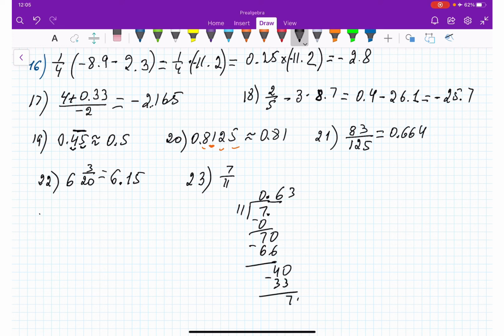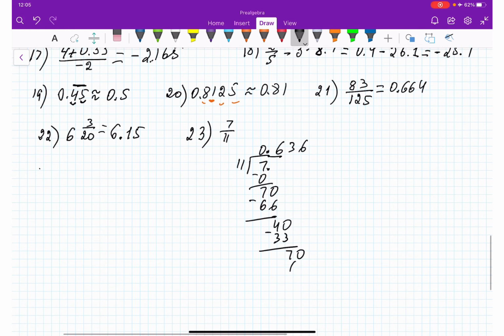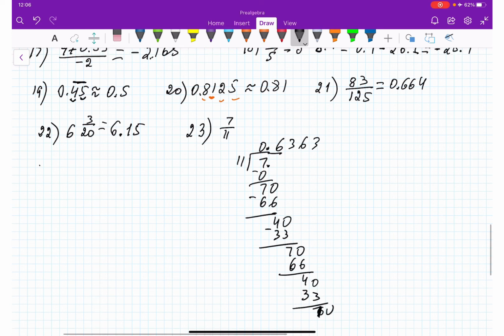Subtract, it's going to be 7, again 70, it's going to be 6, 66. And then again 40, which means again 3, 33, and so on. So it's going to be approximately 0.63, and this line, because it's repeating, it's going to be 63, 63, 63.